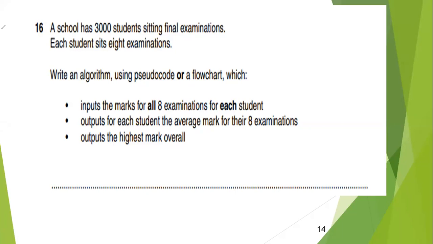Then it says output for each student the average marks for their 8 exams. So each student's average mark should be calculated and shown, and output the highest mark overall. From 3,000 students, the highest mark should be shown. You got the idea?